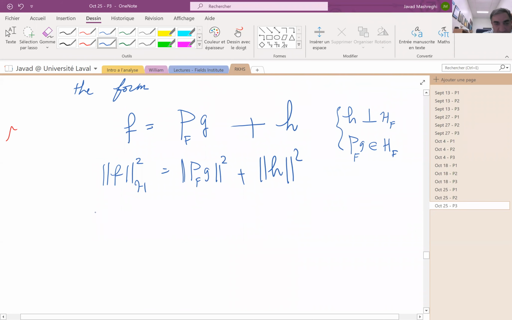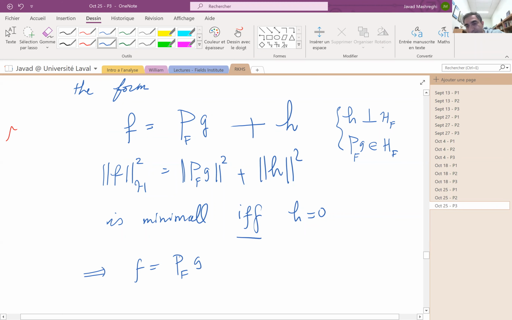So this is minimal if and only if H is equal to 0, which means that F is equal to PF of G. That's the only function in this space which gives you the minimal one.